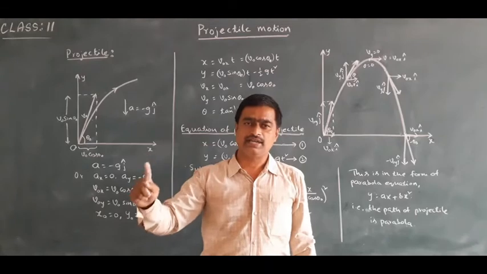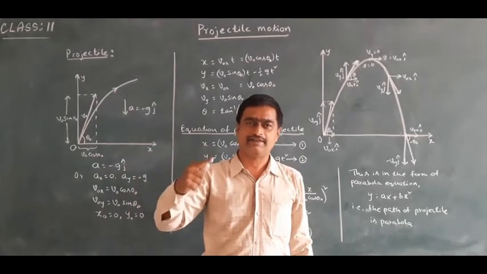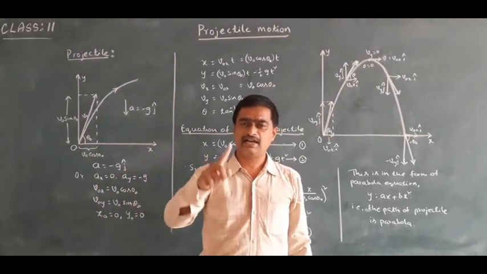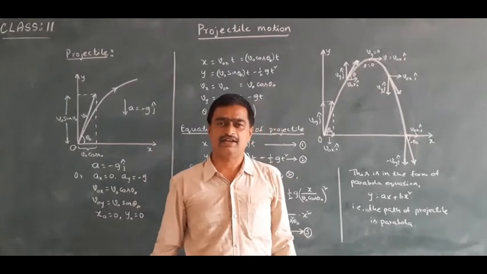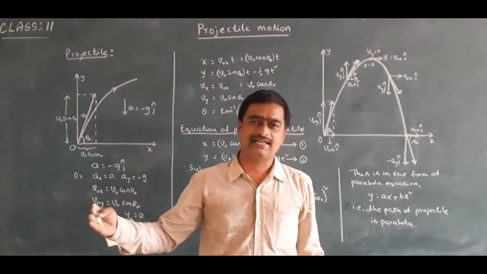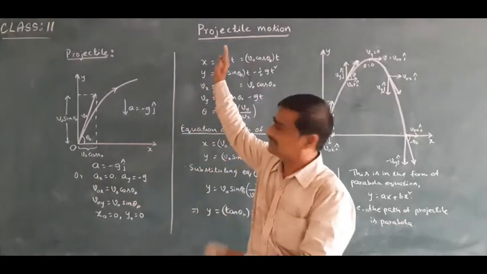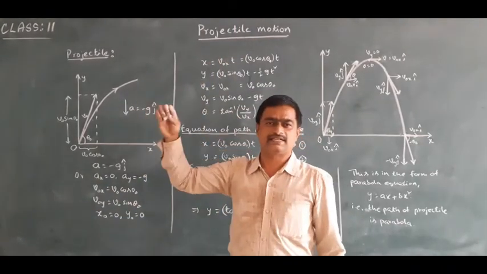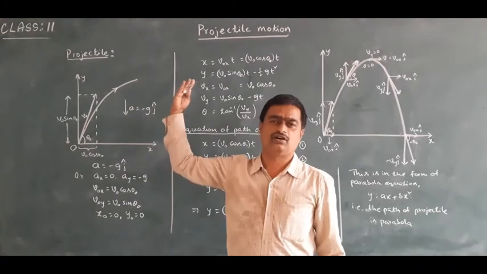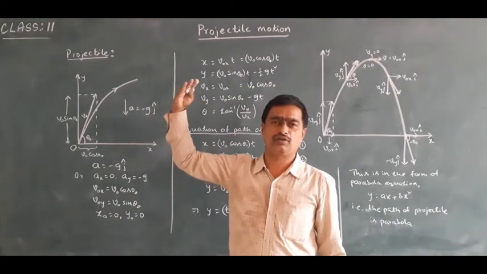Only the acceleration due to gravity is influencing the vertical component. That is, we are considering the particles that are under the action of gravity in this state. We are just taking the influence of the earth on these types of bodies. We are not going away from the earth.